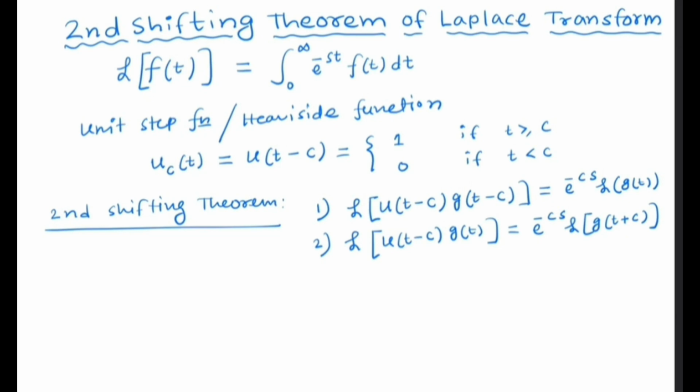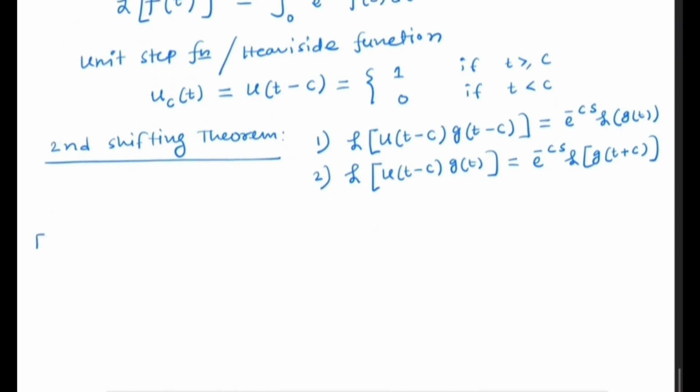Okay. So let me take some examples to understand the theorem better. The first example: suppose we are given the function f of t is equal to e power t minus 3 if t is greater than or equal to 3 and 0 if t is less than 3.